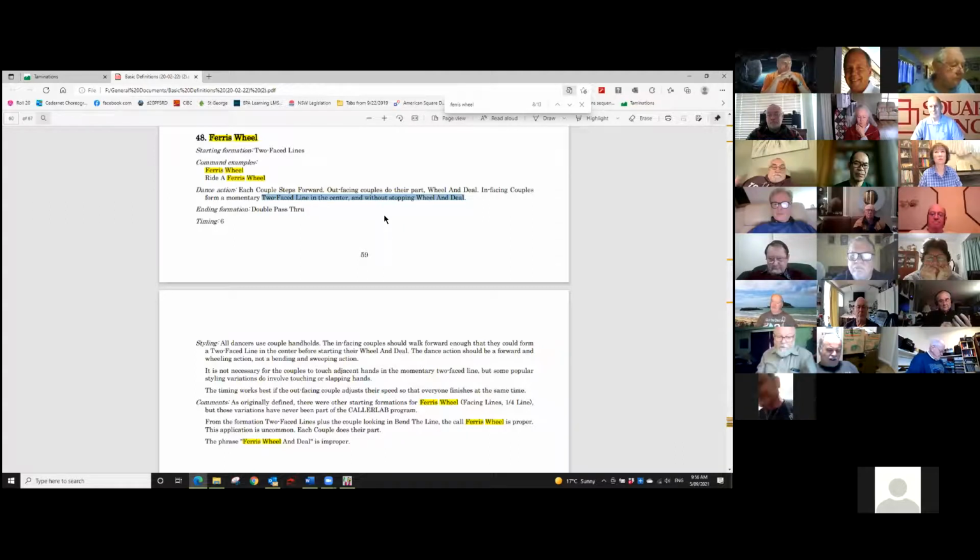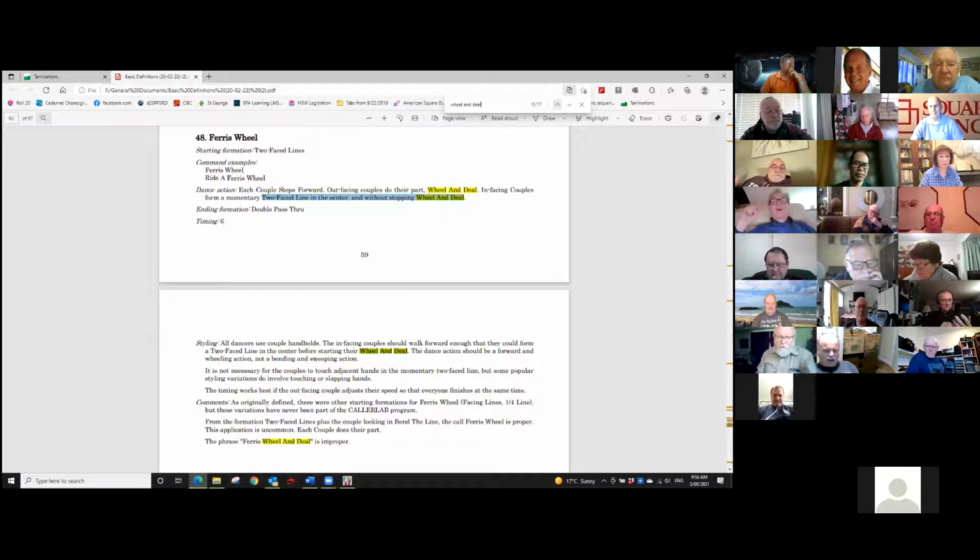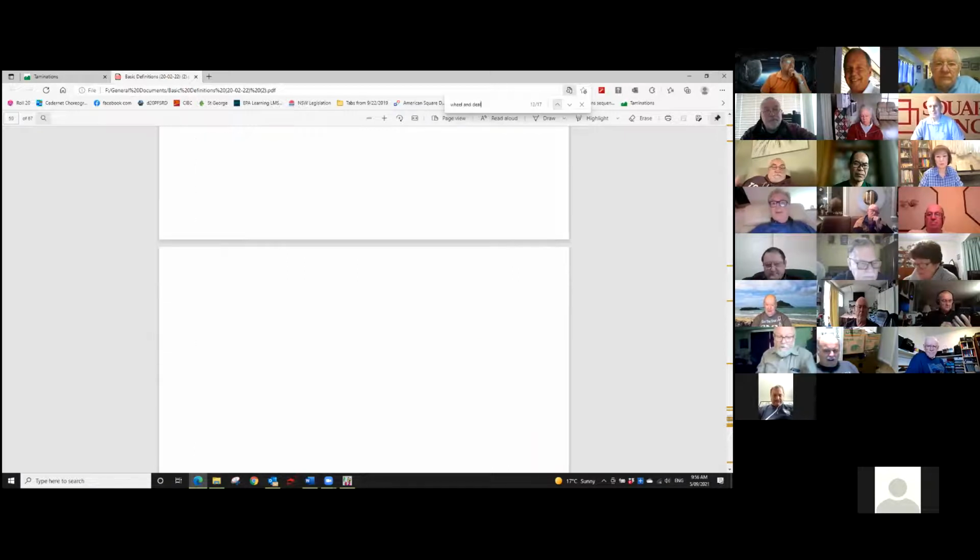It's not a backup. There's no backup action in a wheel and deal. You should take a step forward on the wheel and deal before turning. That's correct. And then the center dancer is already in the same position where you should end. It just gets turned around by the end dancer.